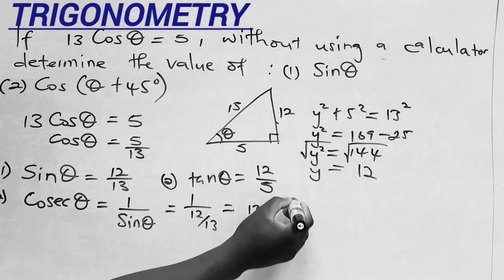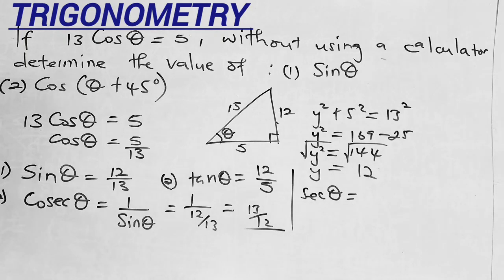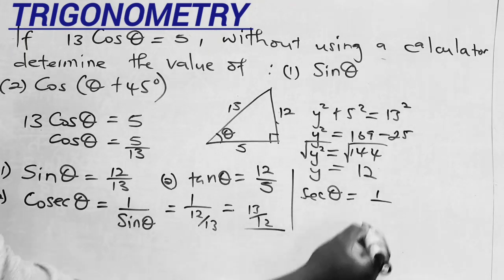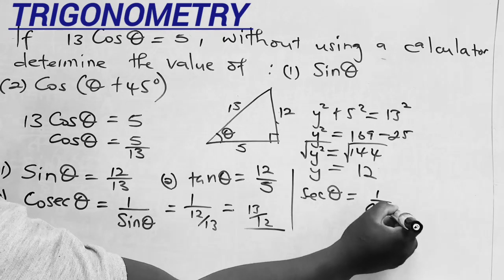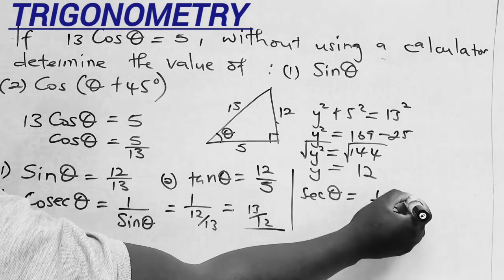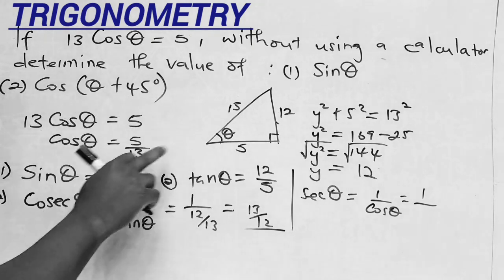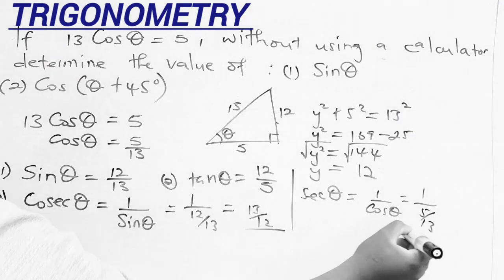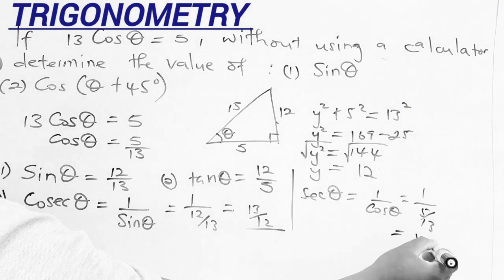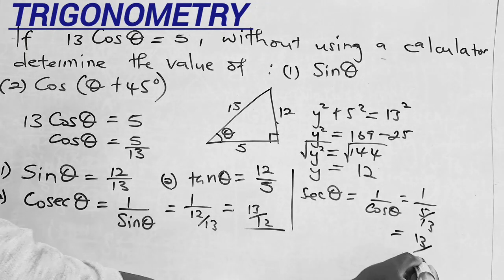Then for sec theta, this will be equal to 1 over cos theta, which is equal to 1 over 5 over 13. So this will simplify to 13 over 5.